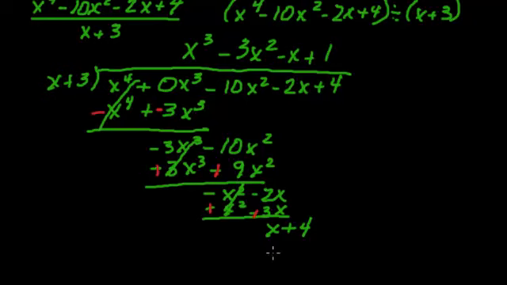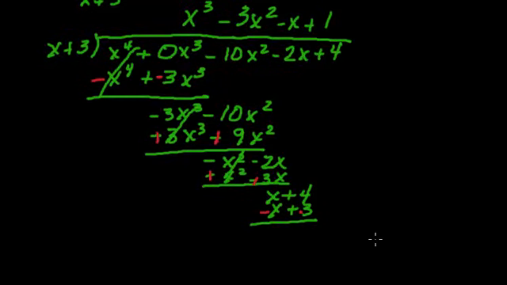Multiply, x plus 3, then subtract, minus, and a negative, and then I'll write down what I have left, and this is going to be my remainder. My remainder is going to be 1. So then I would write plus 1 over x plus 3. And there's my long division of a polynomial.